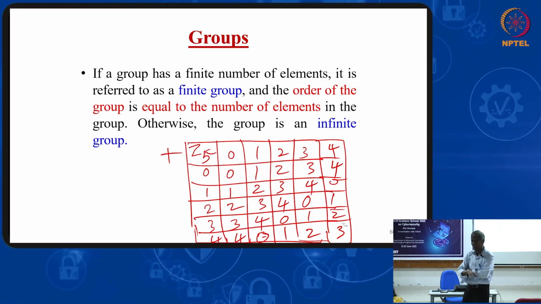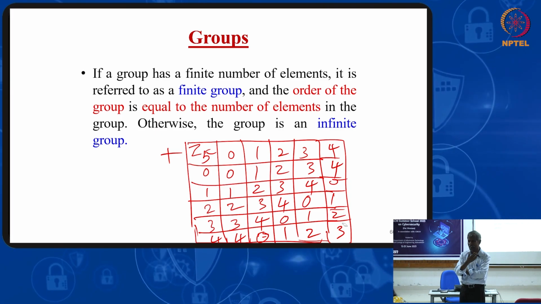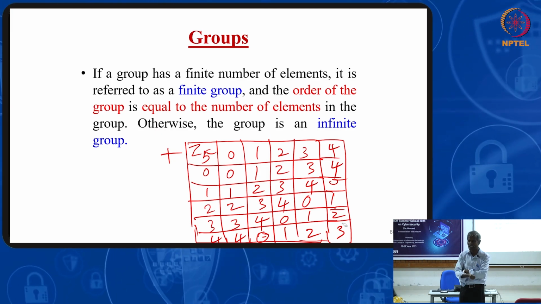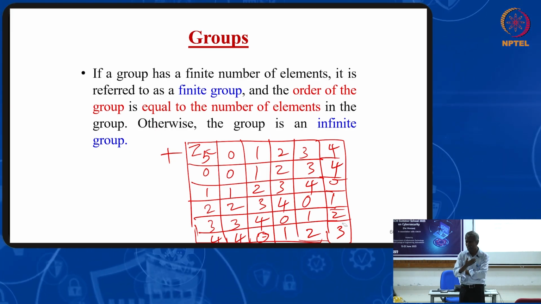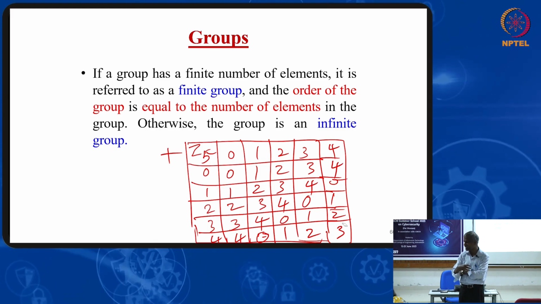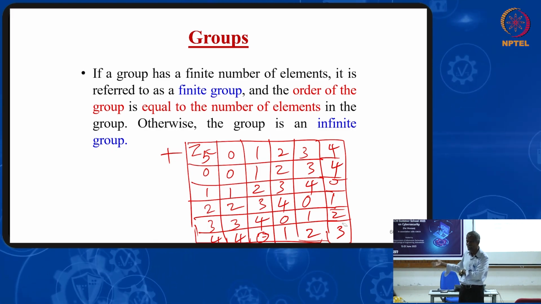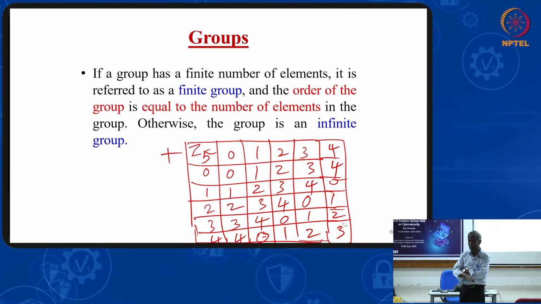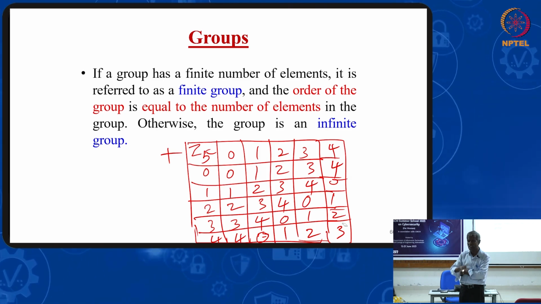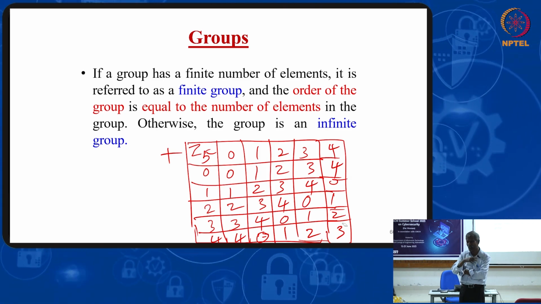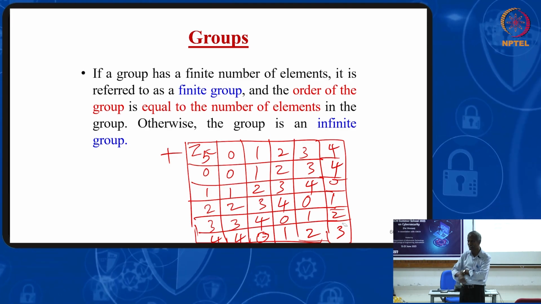So we find the inverse. So the identity element is that, the inverse is that, we can prove the associative law, and closure property is known from the table, therefore it is a group. So addition modulo 5, addition modulo m, addition modulo n, these are all groups.